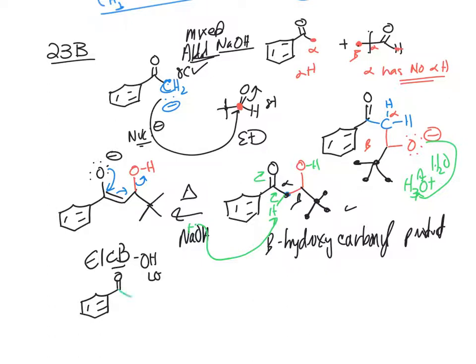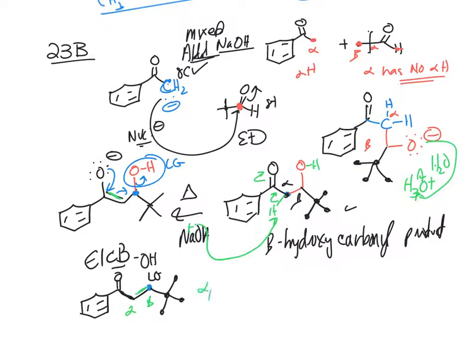and then this double bond here goes between the alpha and the beta. Okay, and here's your beta. That's your beta, and that leaves. Okay, that's your leaving group. So there you have it.